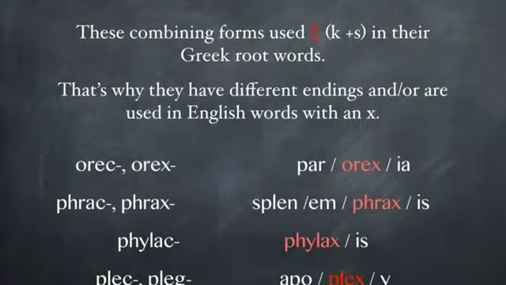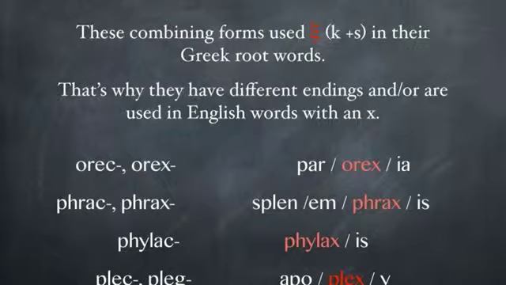Finally, we have a number of combining forms that in English have different letters at their endings. It could be C or X or a G even. Now, often when we see these combining forms put into medical terms, they end up having an X, as they do in these terms.